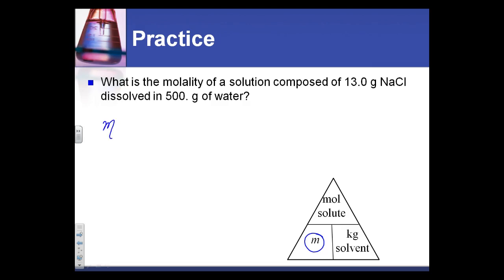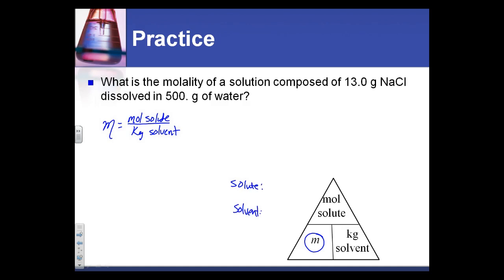And molality is going to be moles of solute over those kilograms of solvent. Go ahead and write that formula out, and that way you are reminded exactly what the units need to be in. So let's identify what we have. I have a solute, and I'll have a solvent.